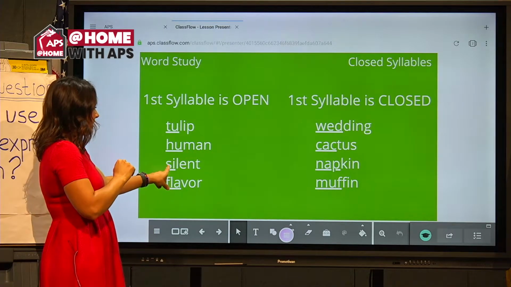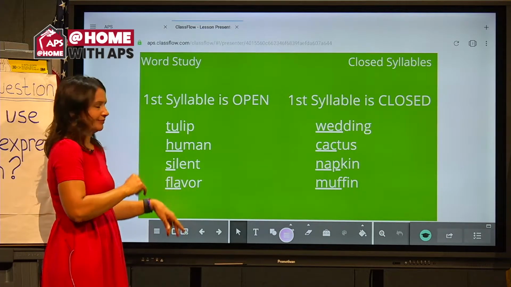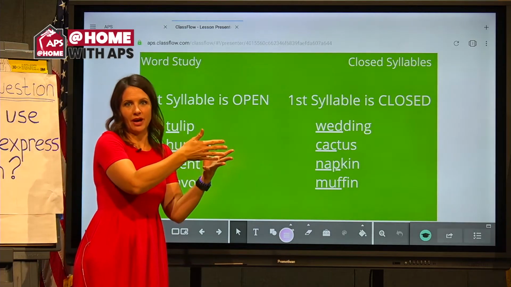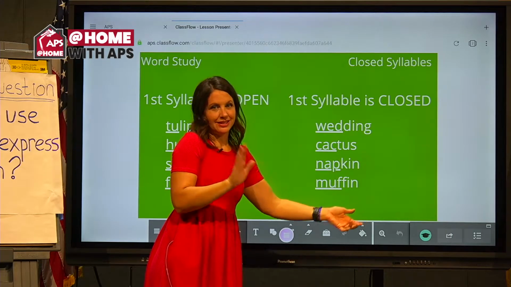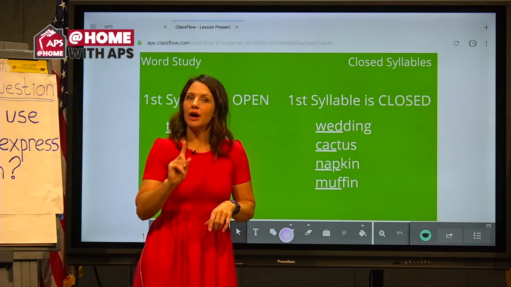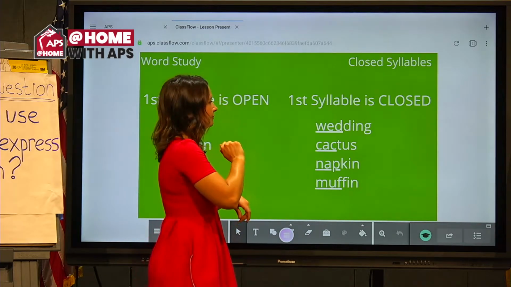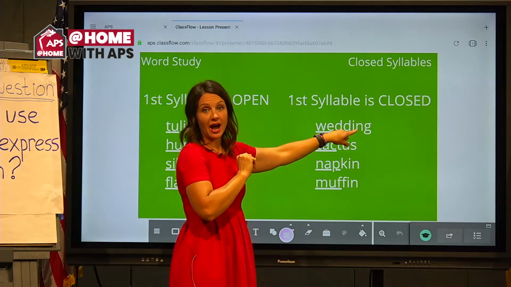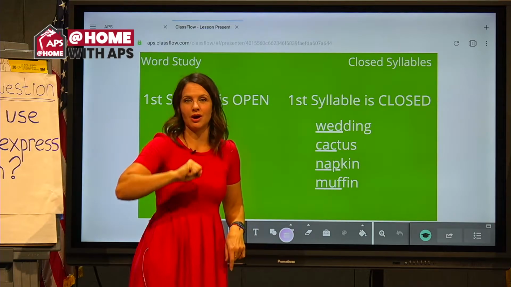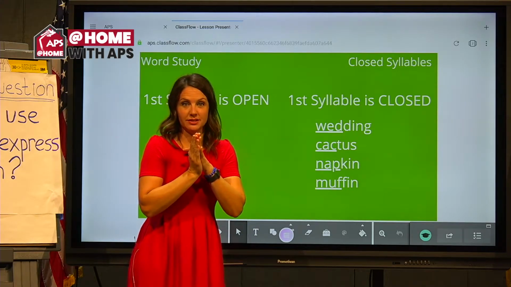Silent, I-L-E, vowel, consonant, vowel. On this list, it does not follow vowel, consonant, vowel. There's an E and then an I, but there are two consonants between the vowels.